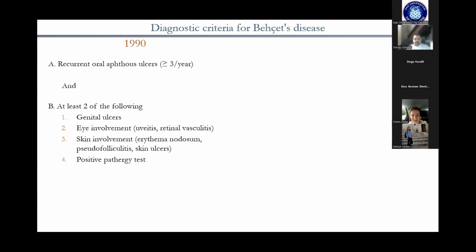In 1990, as you know, the BHS diagnostic criteria were released, and oral aphthous ulcers were sine qua non. Also, you should have two of these four findings: genital ulcers, eye involvement, skin involvement, and a positive pathergy test.